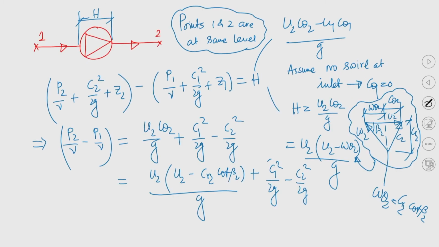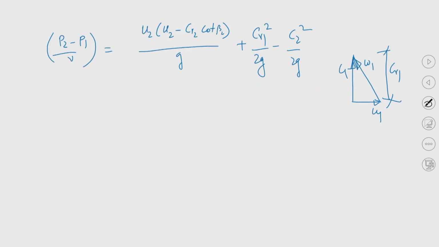C2 square equals CR2 square plus C theta 2 square. So, from the outlet velocity triangle, CR2 square plus C theta 2 square equal to C2 square, right. So, that is what we can write from the outlet velocity triangle.